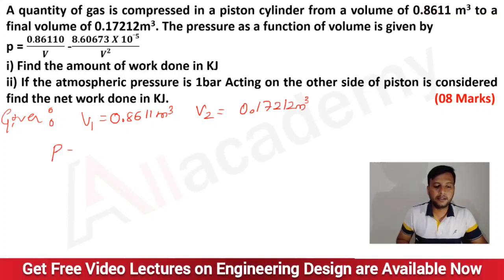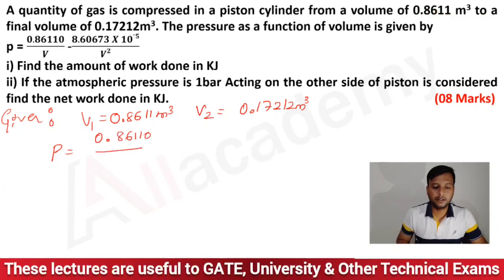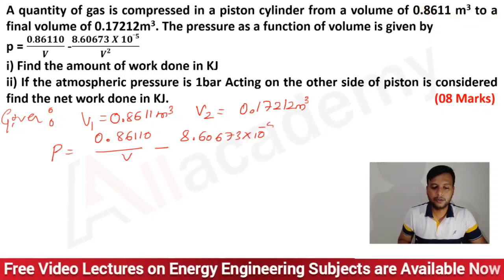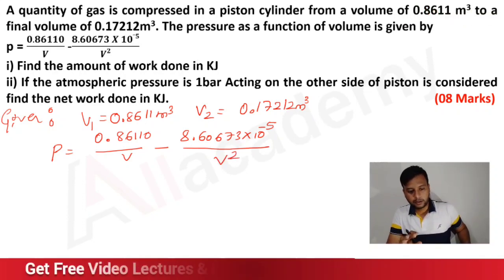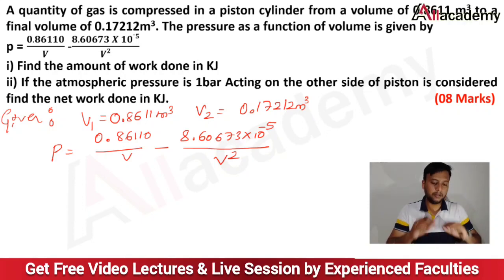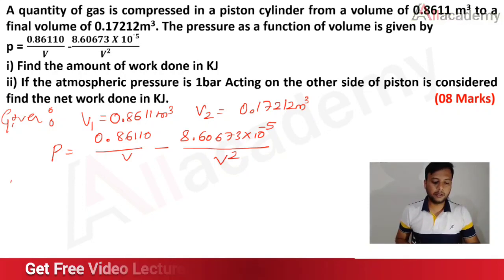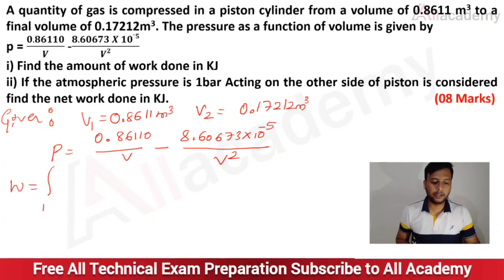Then P is given in some relation, that is 0.86110 divided by V minus 8.60673 into 10 raised to minus 5, whole divided by V square. These are the given data. But we know the general work done equation, in displacement work, that is work equals integration from 1 to 2 of P dV.